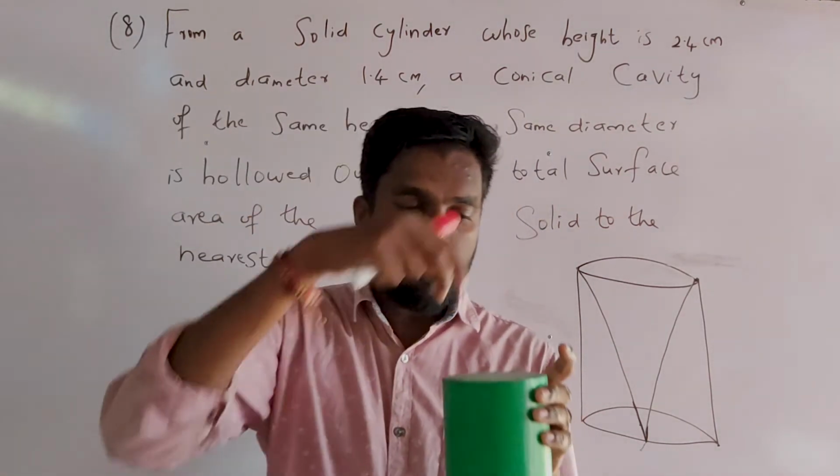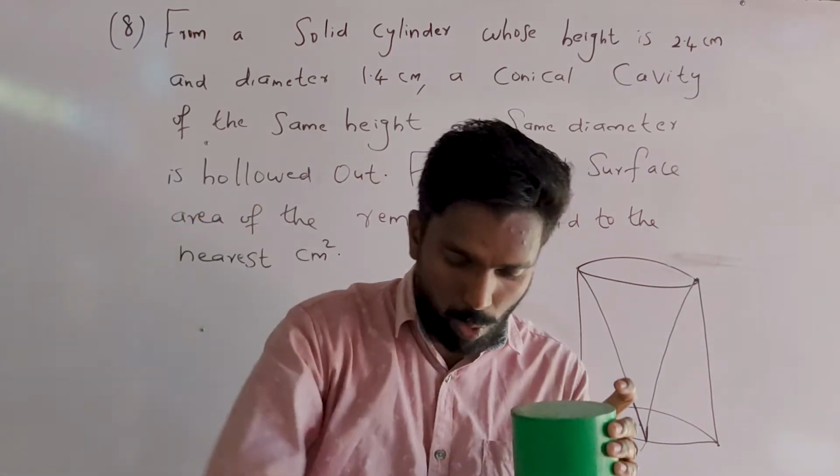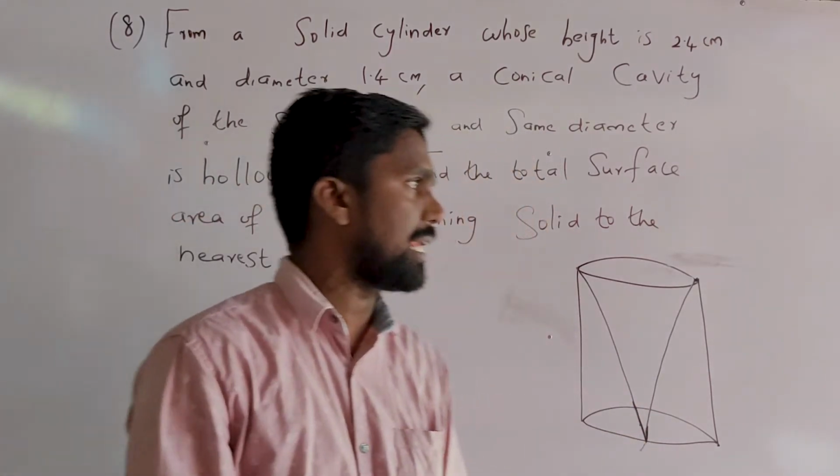Hollowed out means from this solid cylinder, one cone is taken outside, just like this figure.